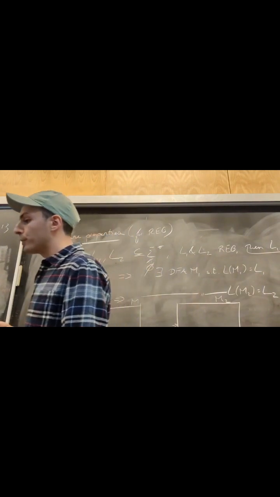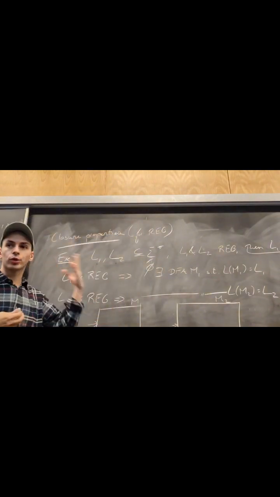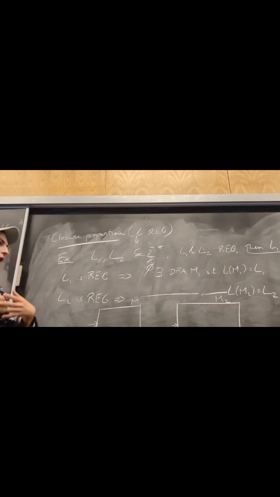The trick in all of these closure property proofs is you want to somehow use the machines that you started with to build a larger machine M prime that accepts the resulting operation of the languages.